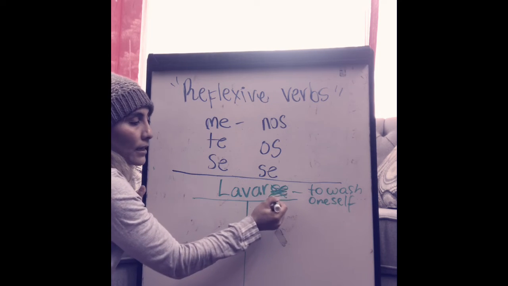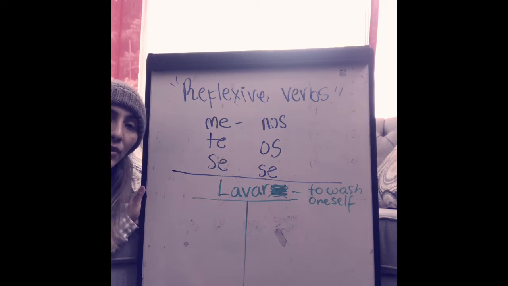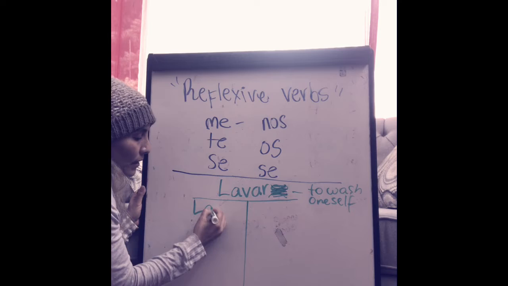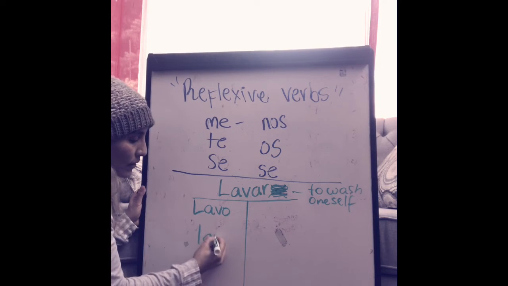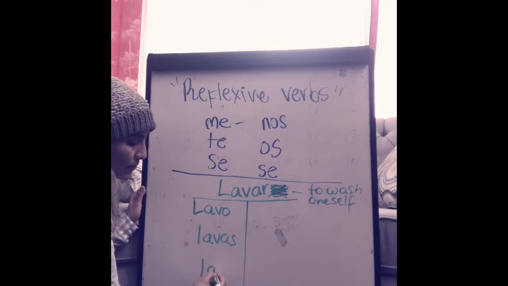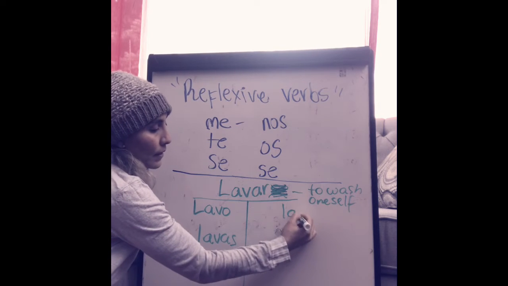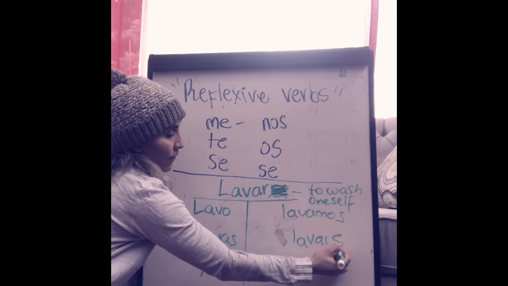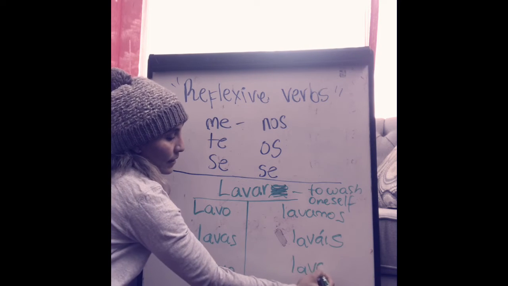That is the first thing I need to do. So you have the verb lavar, which you already know how to conjugate. It's an AR verb, so you're going to say lavo, lavas, lava, lavamos, laváis, and lavan.